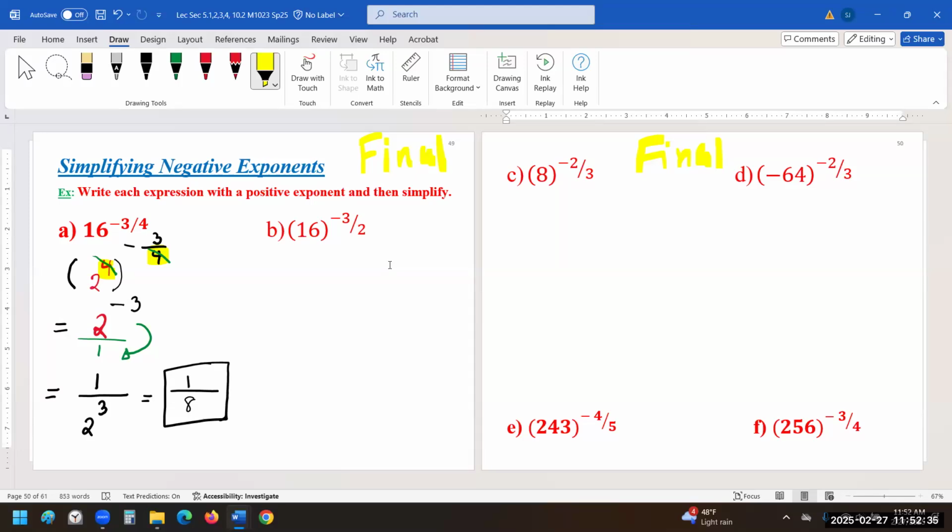Four times 4 times 4 is 64, the top and the bottom. The bottom is 5.